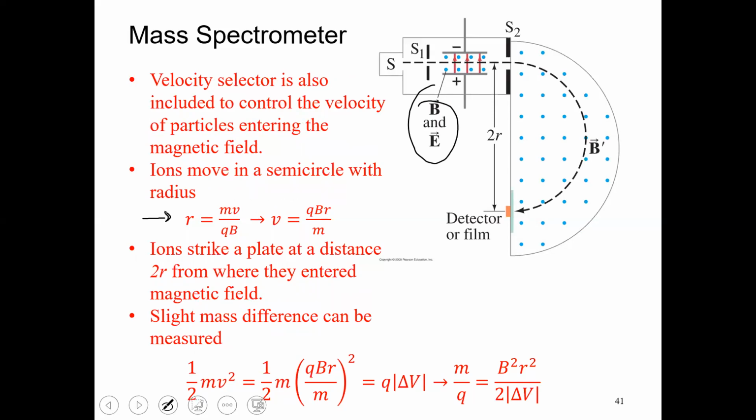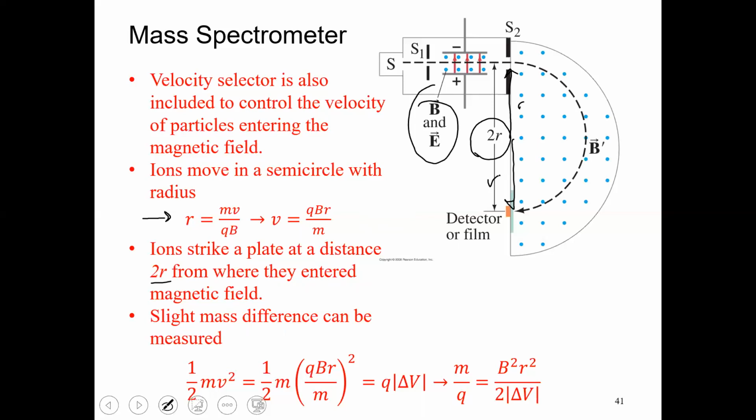And so we can go from that radius equation to a velocity equation. So if we know the velocity, we know there's a radius that it's going to hit. Since we're going to move in a semicircle, we're going to strike the detector 2r away from where we started. So there's a center of our circle here, and we've got our radius of motion, in either direction, if we're going in circular motion in this magnetic field.